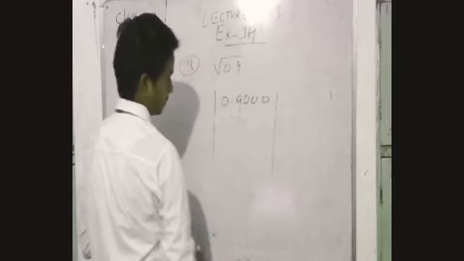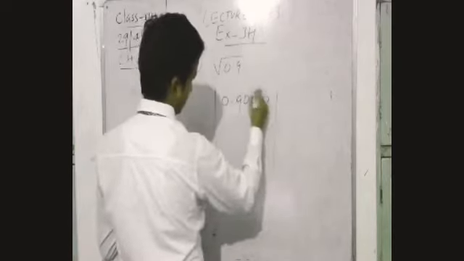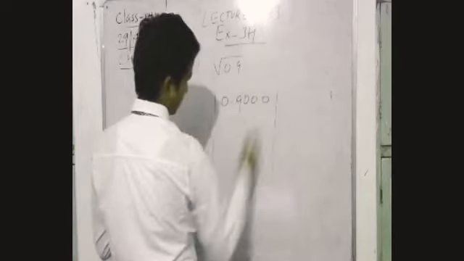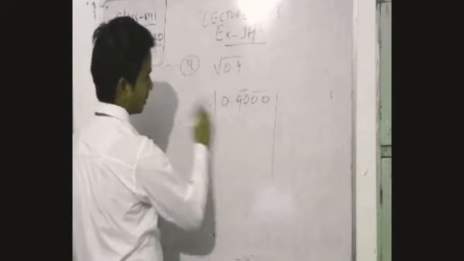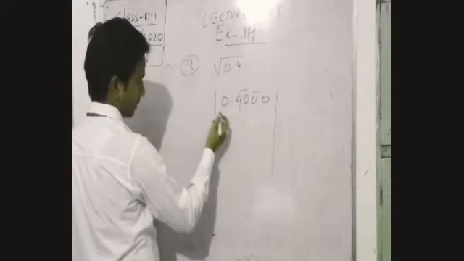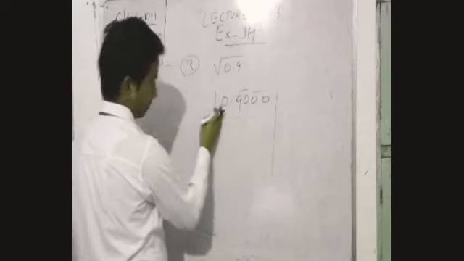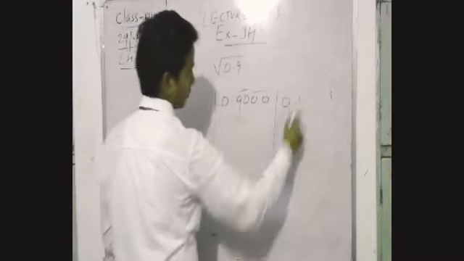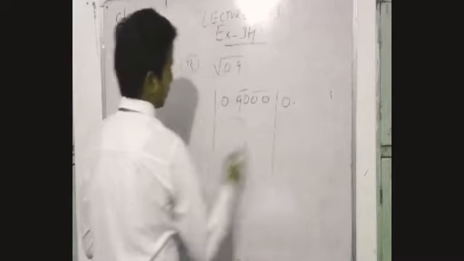Now take the square root, put 2 bars, and make pairs of the digits from the last. Here is nothing, so we will put 0 point like this directly.